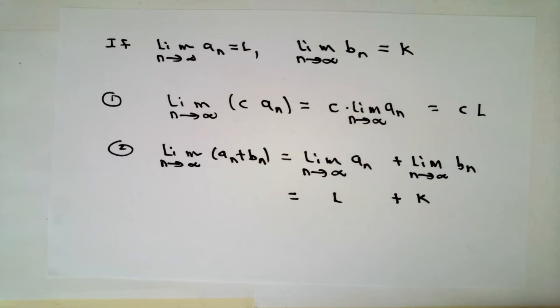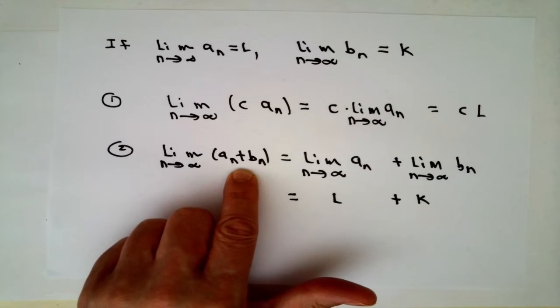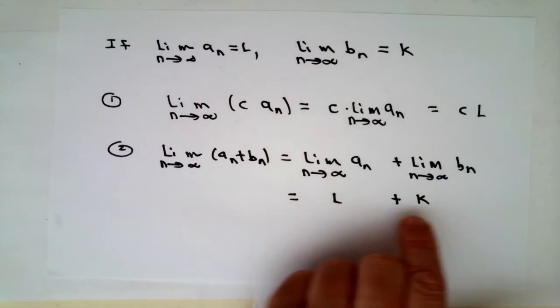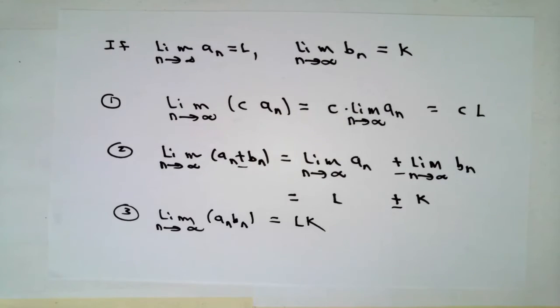If the limit of the a_n's and the limit of the b_n's converge to L and K respectively, then the limit of the sum is automatically guaranteed to converge to the number L plus the number K. The same is true if you're subtracting a_n minus b_n. You would get L minus K in that case.